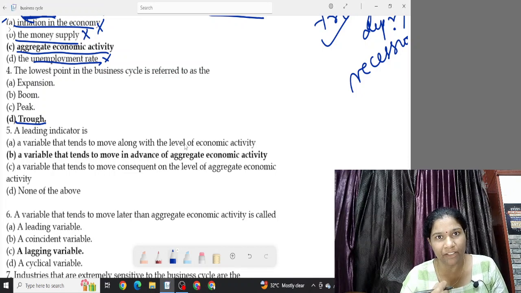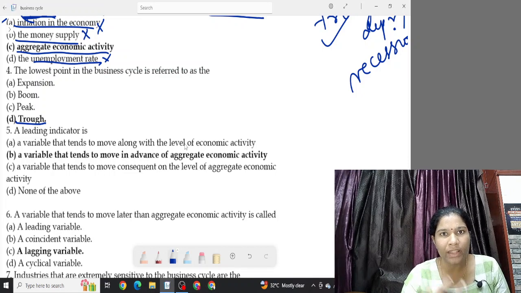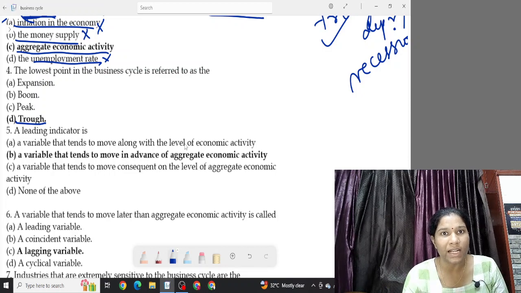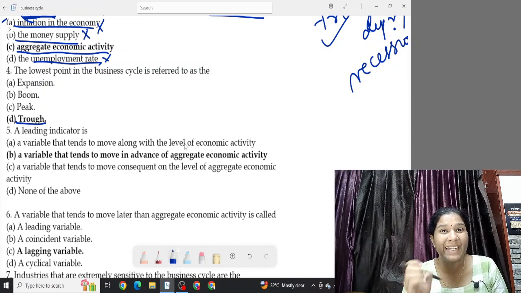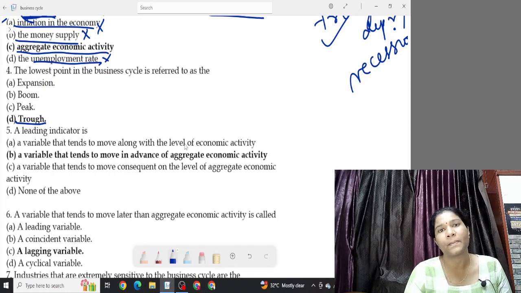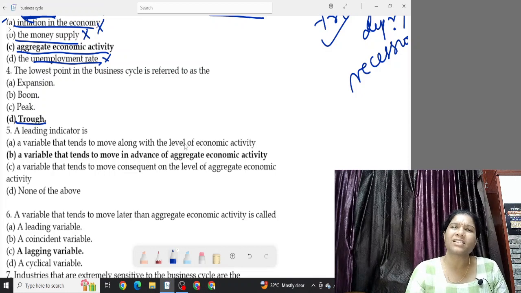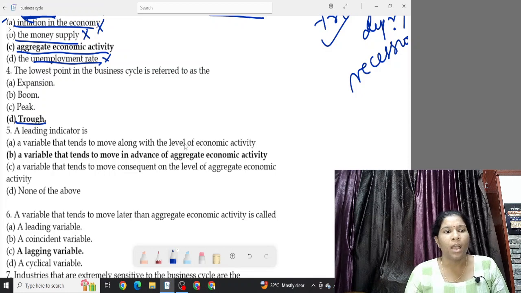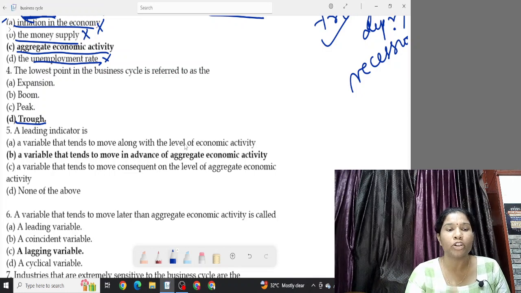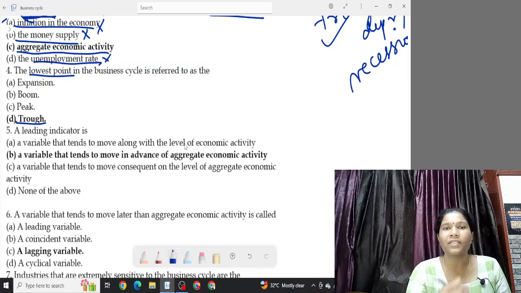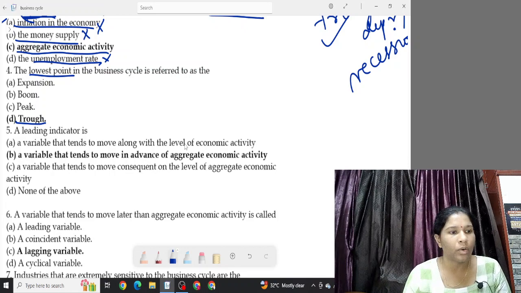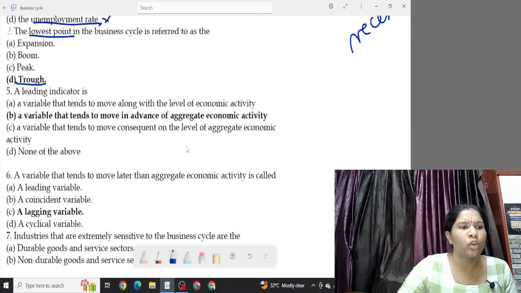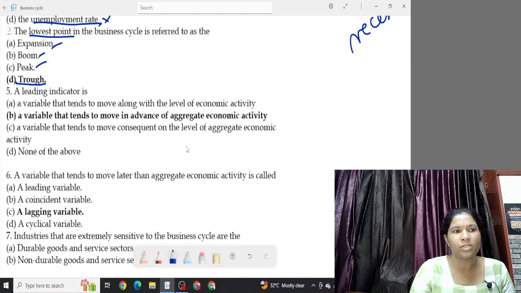Only after viewing the questioning pattern do we understand that the lowest point is always meant as trough. But in the book, it was given as trough, depression, recession, everything. But here in the questioning pattern, for the lowest point, they always refer to it as trough.